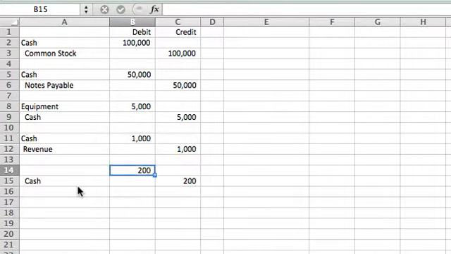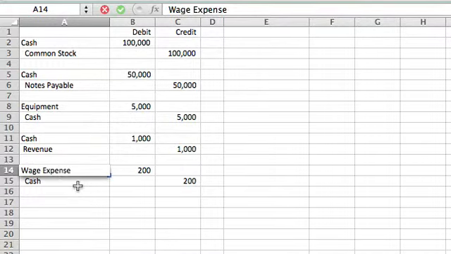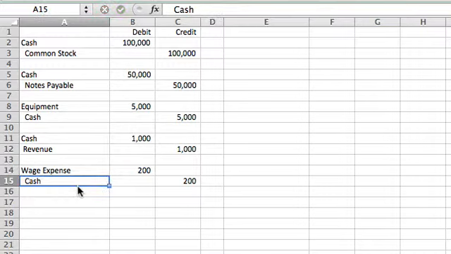And what happened was that the equity side went down in the form of an expense, which will eventually reduce retained earnings too. So I'm going to debit wage expense because, again, to decrease the equity side, you debit it.